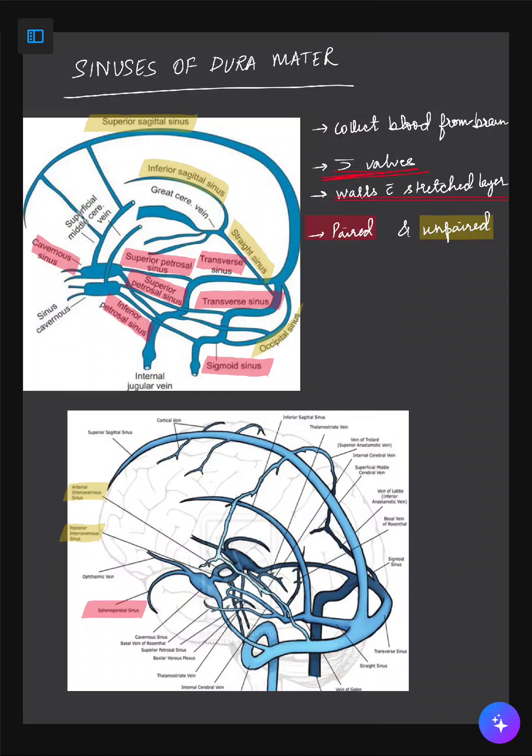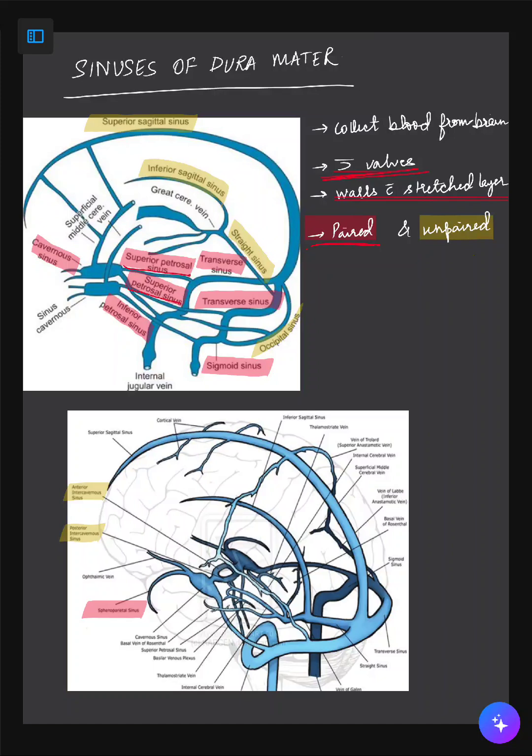Which are paired sinuses and which are unpaired? I have marked them here in different colors. Paired sinuses are in red color and unpaired sinuses are in yellow color. Now these paired sinuses are the superior petrosal sinus. See, paired sinuses, there are 2: superior petrosal sinus and here also superior petrosal sinus.